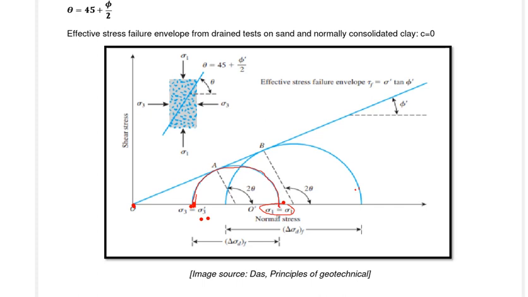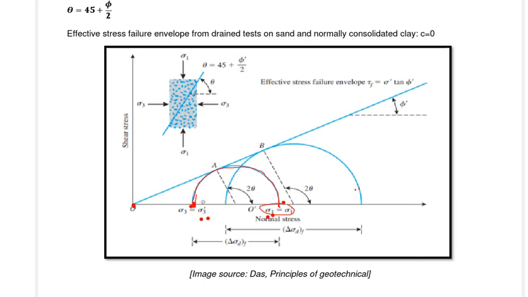So, our sigma 1, that is our total stress, is equal to sigma 1 prime. The prime denotes that our stress is in effective condition.